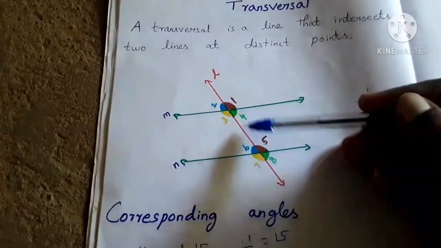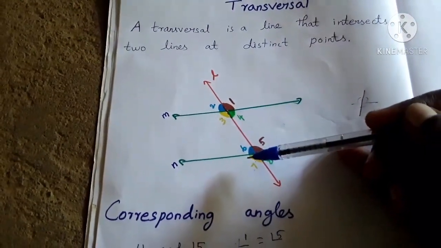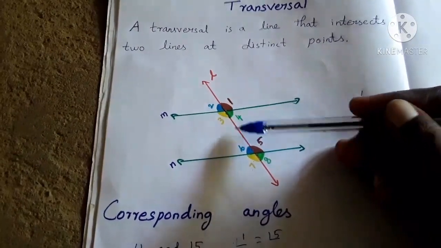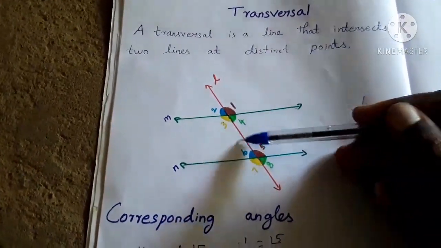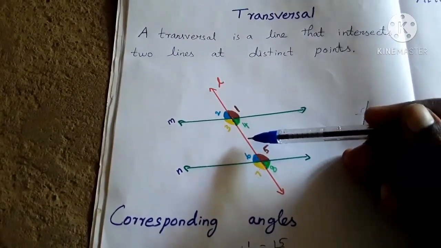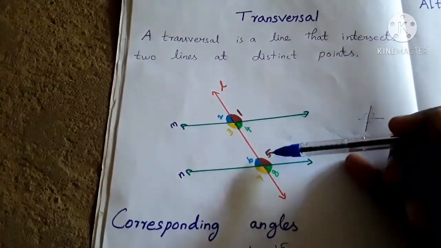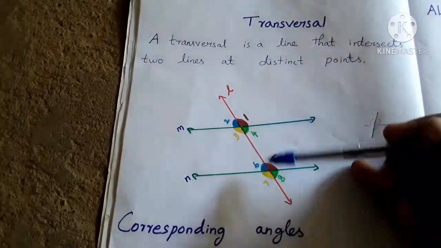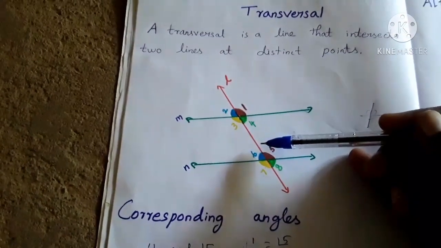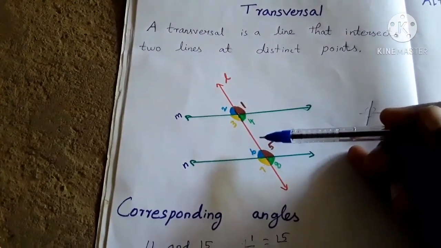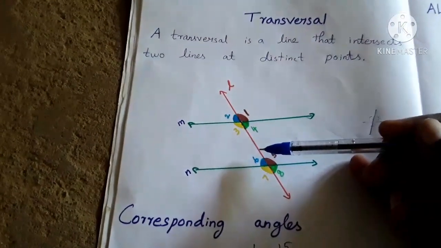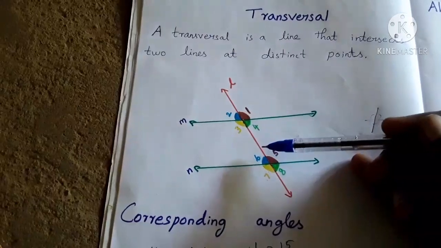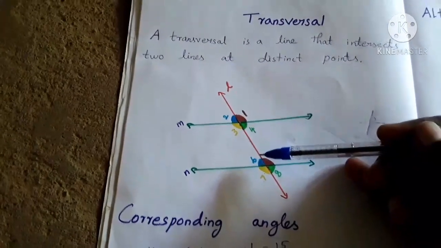Angle 3 and 6, and on this side angle 4 and 5. These pairs lie on the same side of the transversal and between lines M and N.